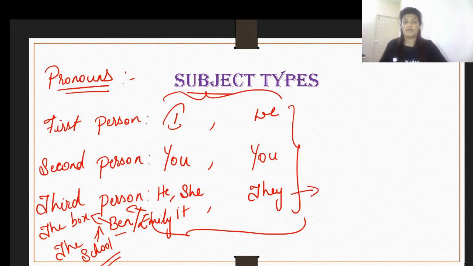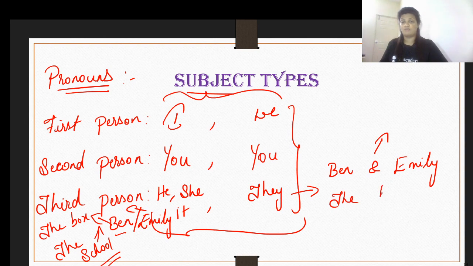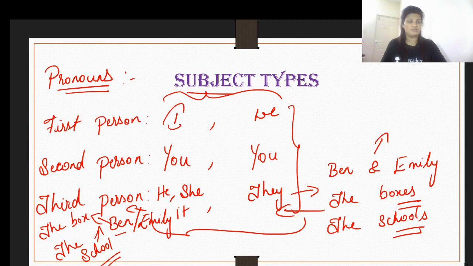Well, we also have third person plural nouns like when you club two names together like this, Ben and Emily. This is a plural subject. Similarly, when you say the boxes or the schools, these become our plural but third person subjects.